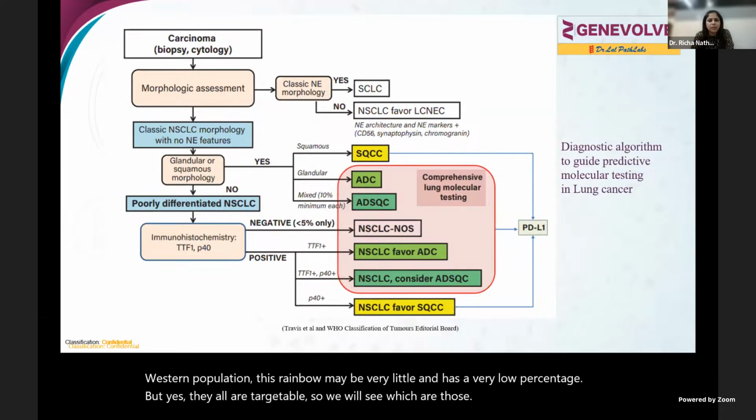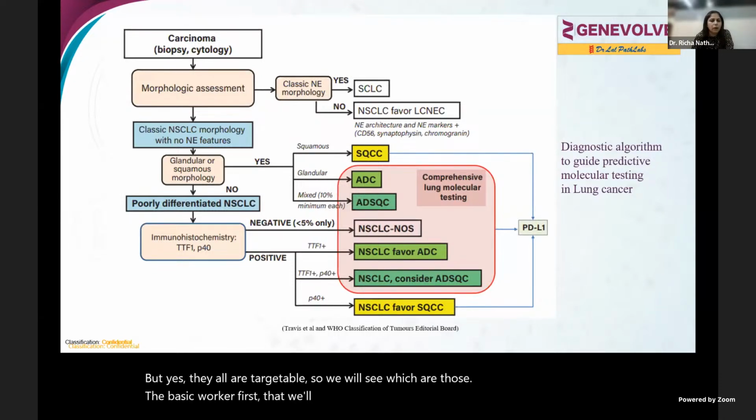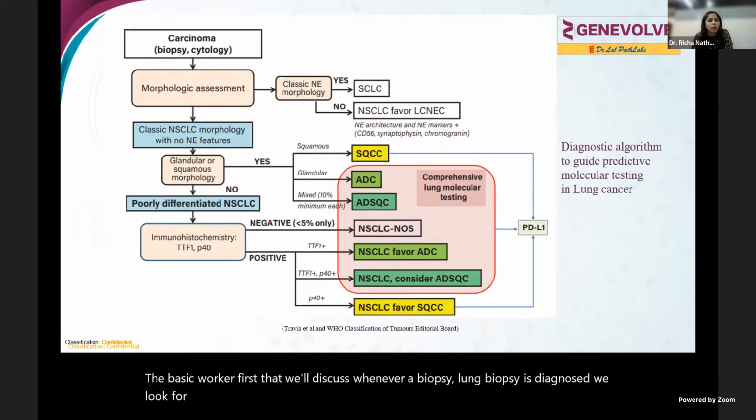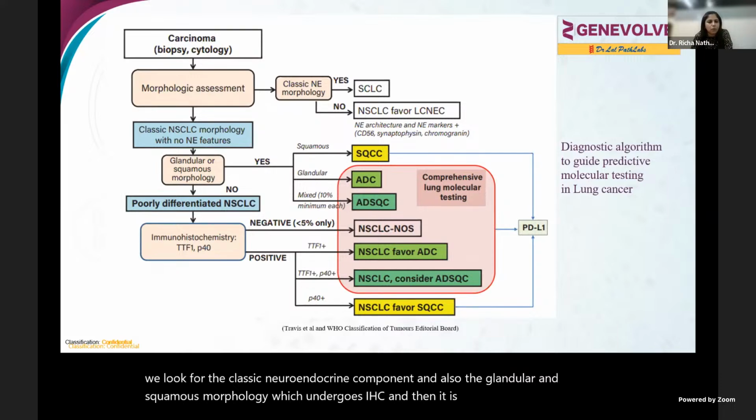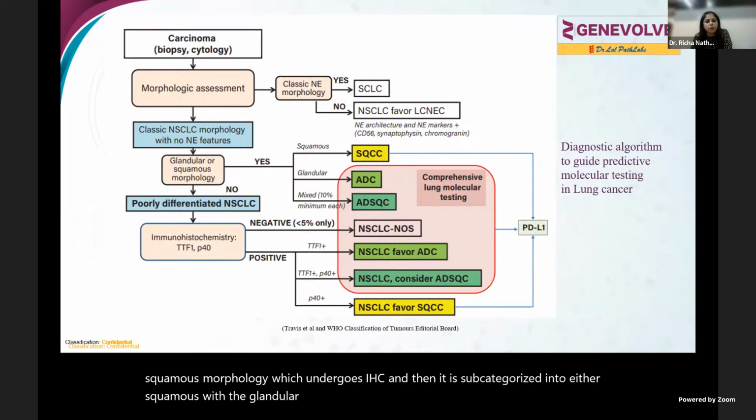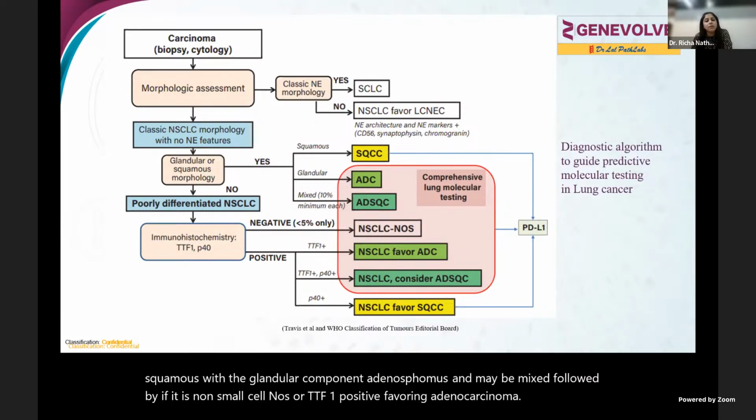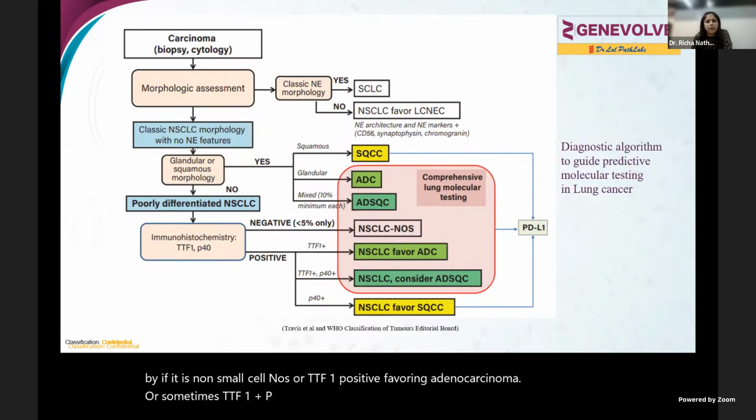The basic workup first that we'll discuss: whenever a lung biopsy is diagnosed, we look for the classic neuroendocrine component and also the glandular and squamous morphology, which undergoes IHC, and then it is subcategorized into squamous with a glandular component, adenosquamous, and maybe mixed, followed by non-small cell NOS, or TTF1 positive favoring adenocarcinoma, or sometimes TTF1 plus P40, that is adeno plus squamous component, or purely squamous.